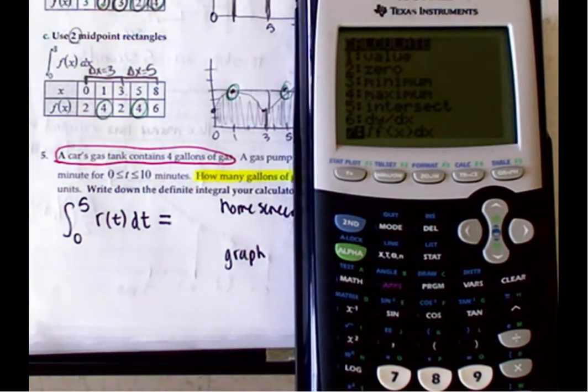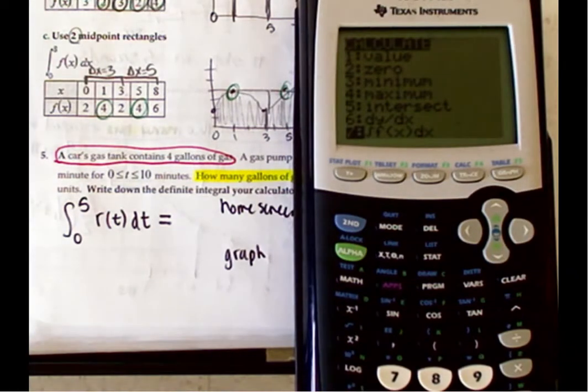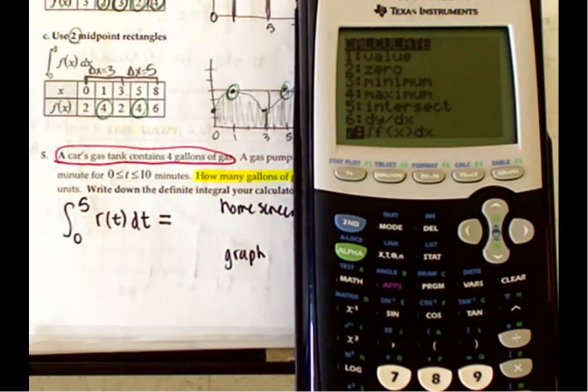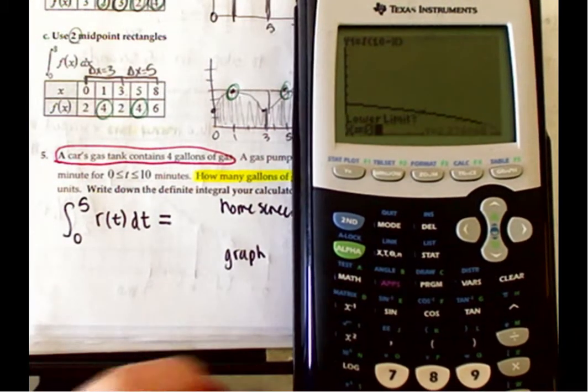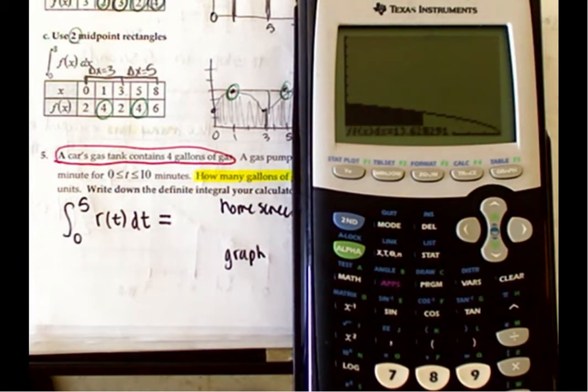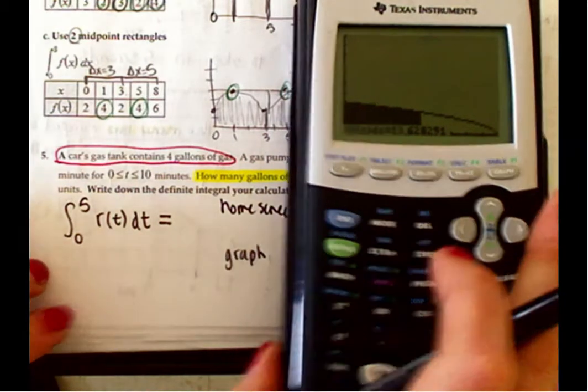Start at 0, stop at 5. This shade's about halfway. Okay, 13.62.